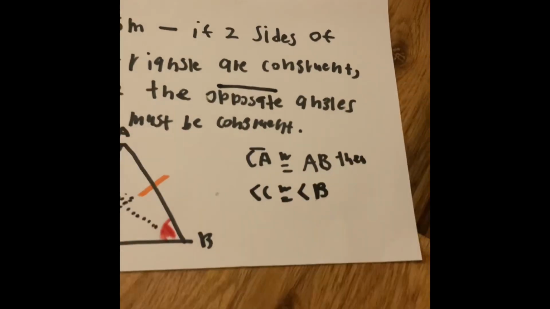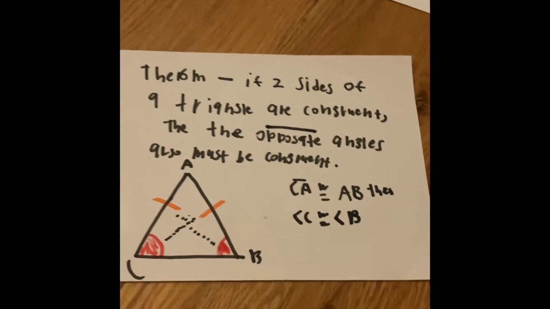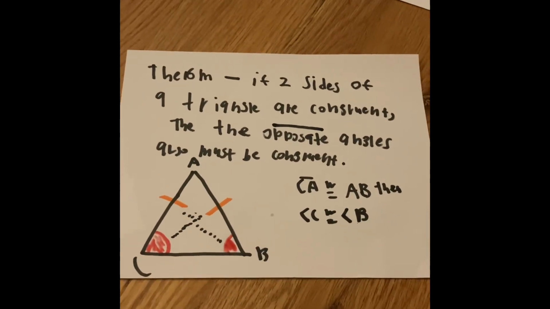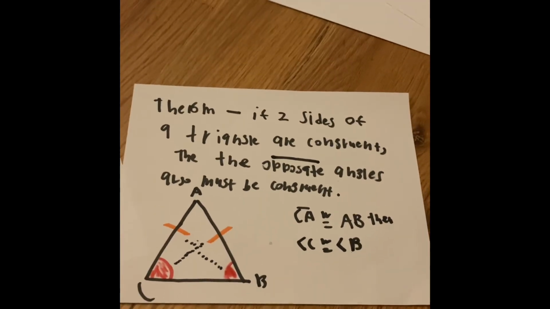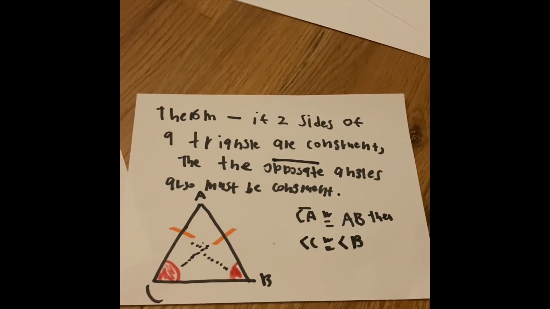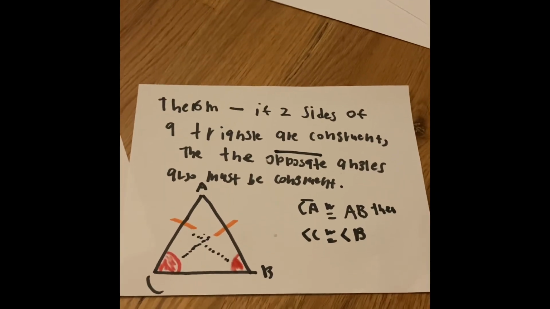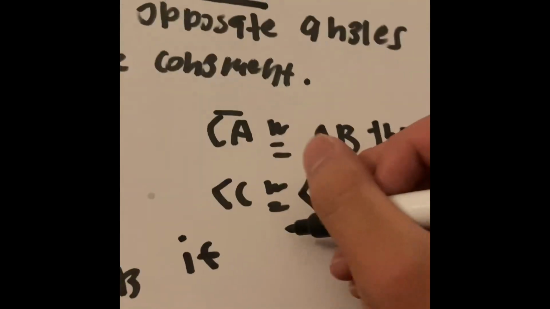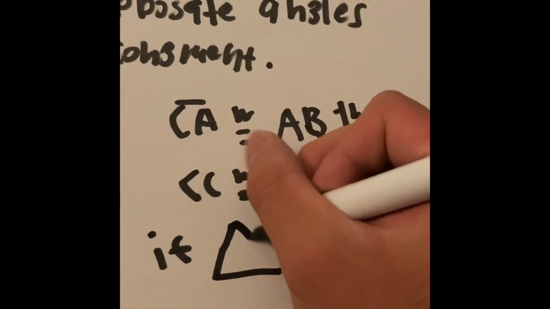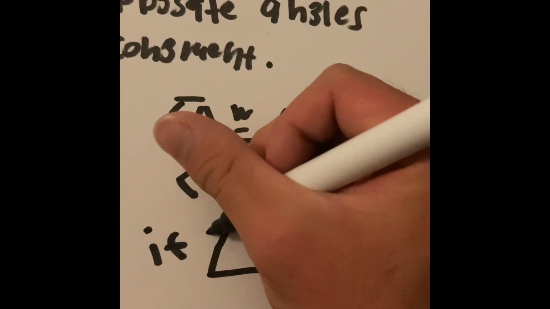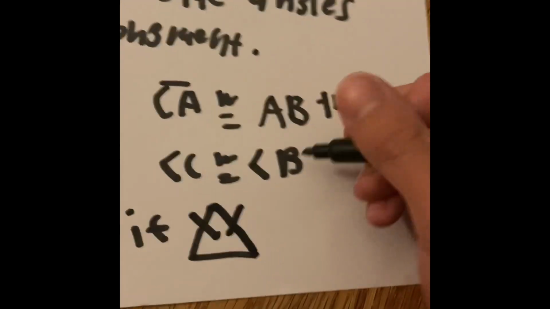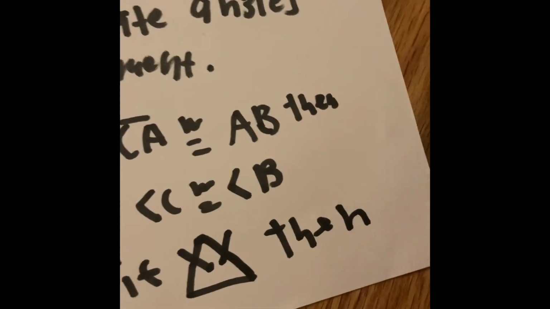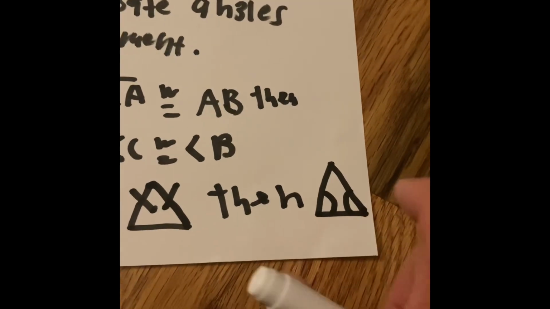If you don't like it in this form of equation, then there's an easy way for us to say it. Instead of long proofs like CPCTC, we can say if the triangles have segments that are congruent, this is the actual symbol, then we can say that the triangles must have congruent angles.